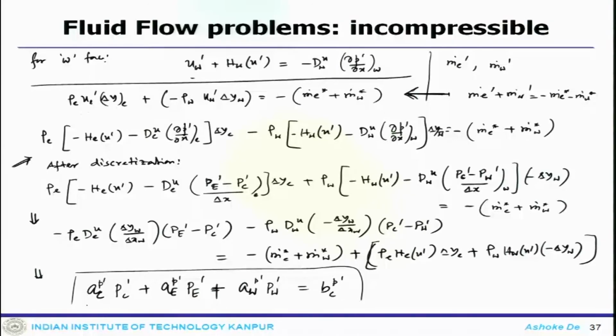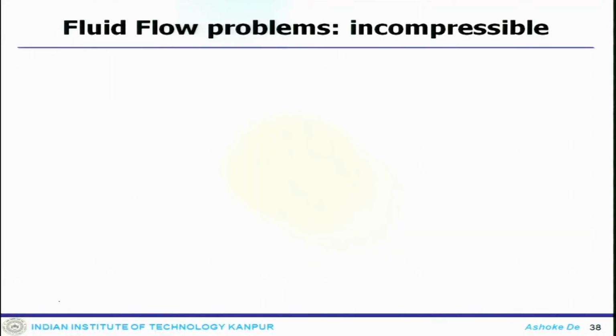So, you get a discretized equation just like your steady state diffusion system with a source term, and now this is the pressure correction equation. And the beauty of this discretized system is that, if you compare with the other one, the expressions look exactly similar. Where would the differences come? The differences would come in the definition of the source term.